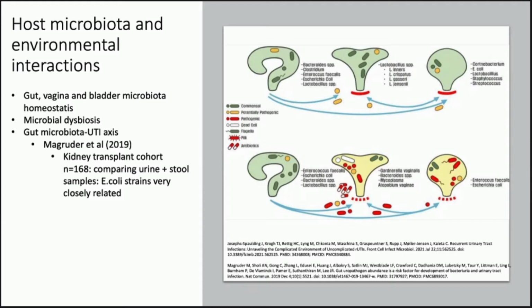They compared strain analysis, uropathogenic genes, and antimicrobial resistance genes, and found that the E. coli strains between the gut and the bladder were closely related, which really just further supports the hypothesis of a gut microbiota UTI axis.